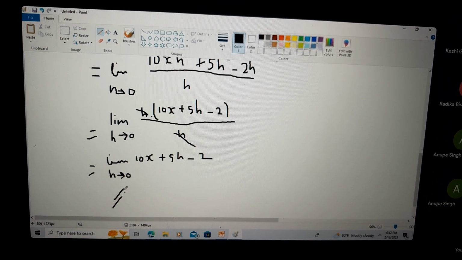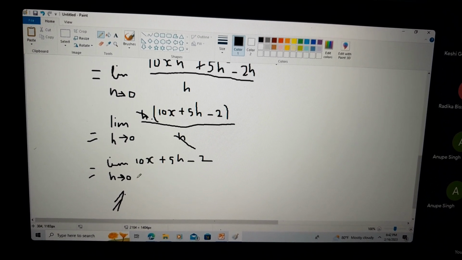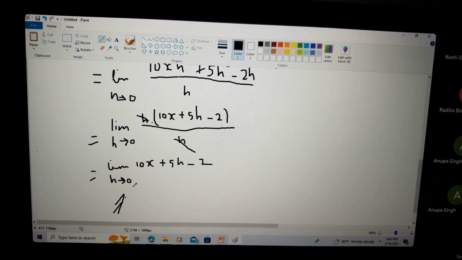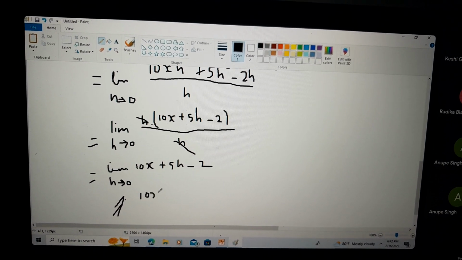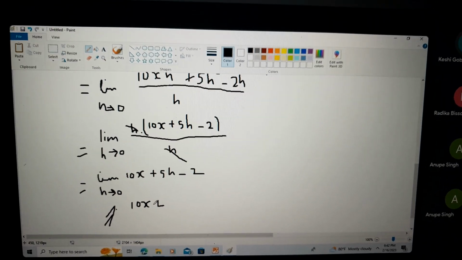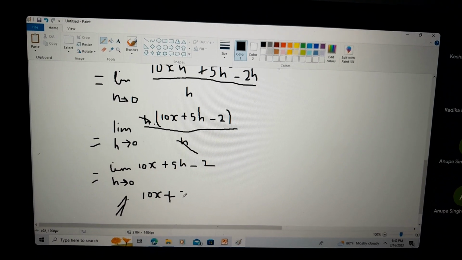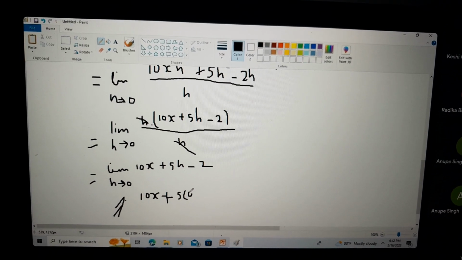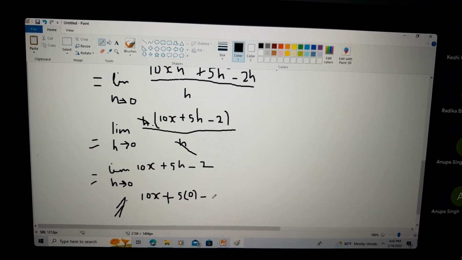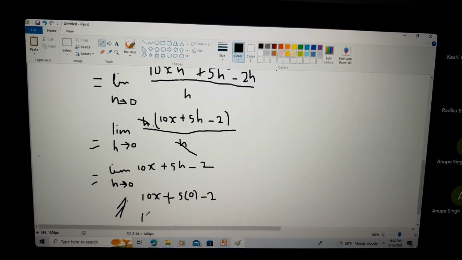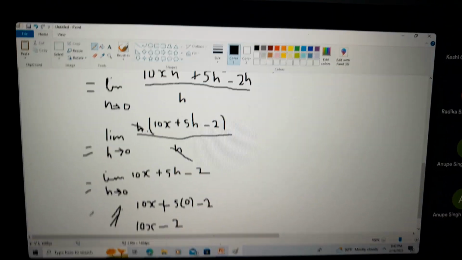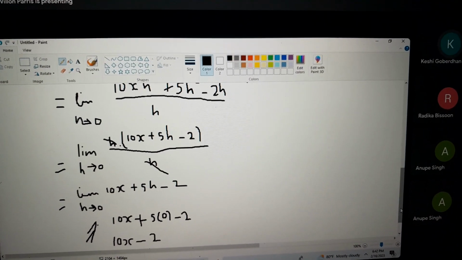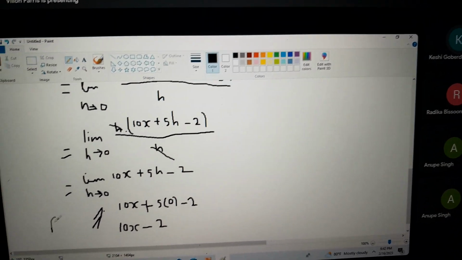Applying the limit simply says that we substitute 0 wherever we have h. So we'll have 10x plus 5 into 0 minus 2. So our final answer will be 10x minus 2. So that's the derivative of the function from first principles.